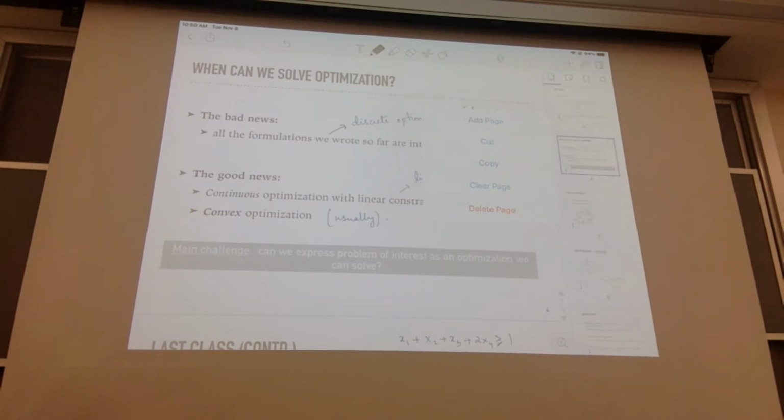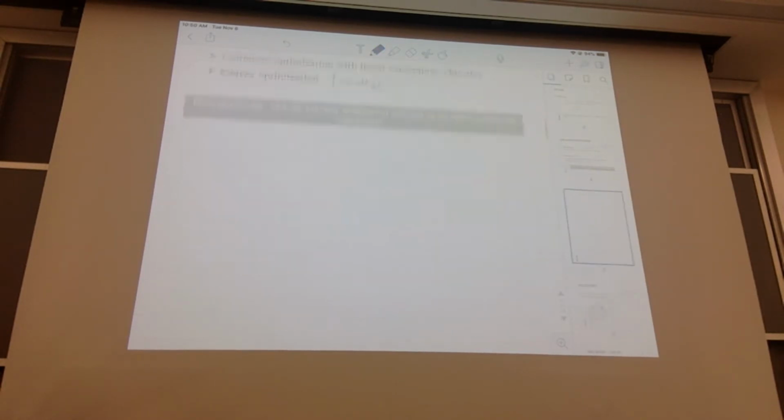We said that linear programming is like you can think of this as minimizing c1 x1 plus c2 x2 up to cn xn.